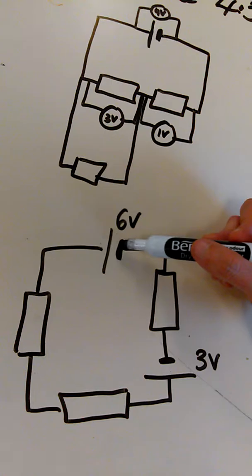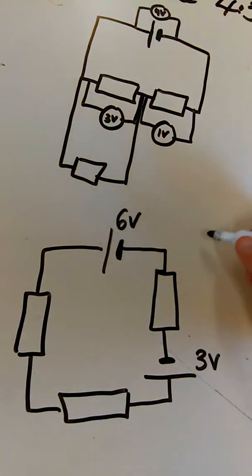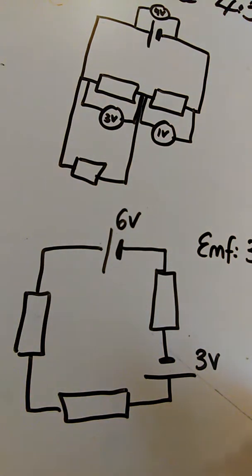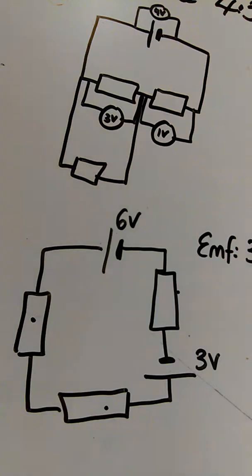So this is like making the electrons come this way, whereas this is trying to force it back. So the sum of the EMF in this circuit is going to be 3 volts, because I've done 6 volts take away 3 volts. Now the potential differences over that, and that, we know will add up to 3 volts.